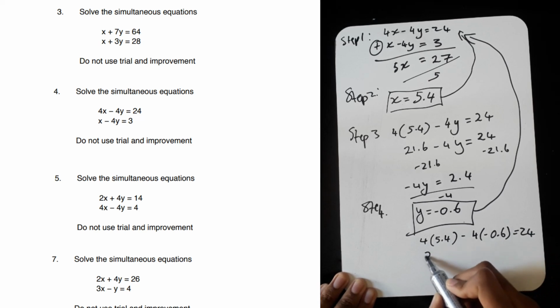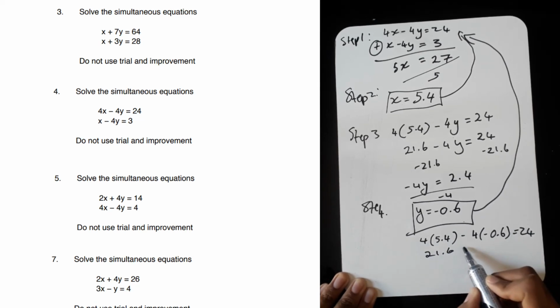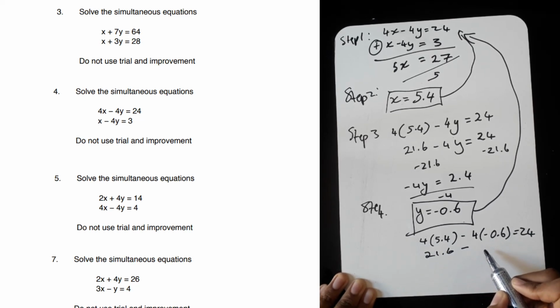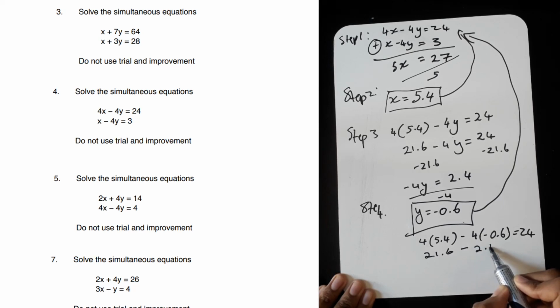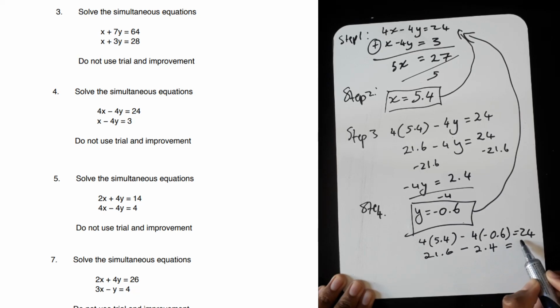So this is going to be 21.6 minus negative 2.4, which equals 24.